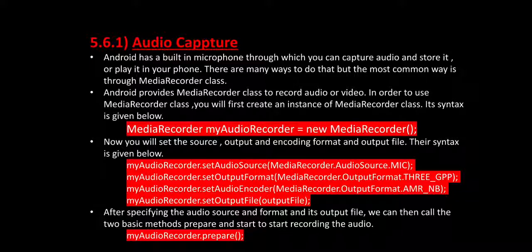Now we will set the source, output and encoding format and output file, that is myAudioRecorder.setAudioSource, that is MIC, myAudioRecorder.setOutputFormat, that is OutputFormat.THREE_GPP, then myAudioRecorder.setAudioEncoder, that is AMR_NB, and myAudioRecorder.setOutputFile, that is the output file.